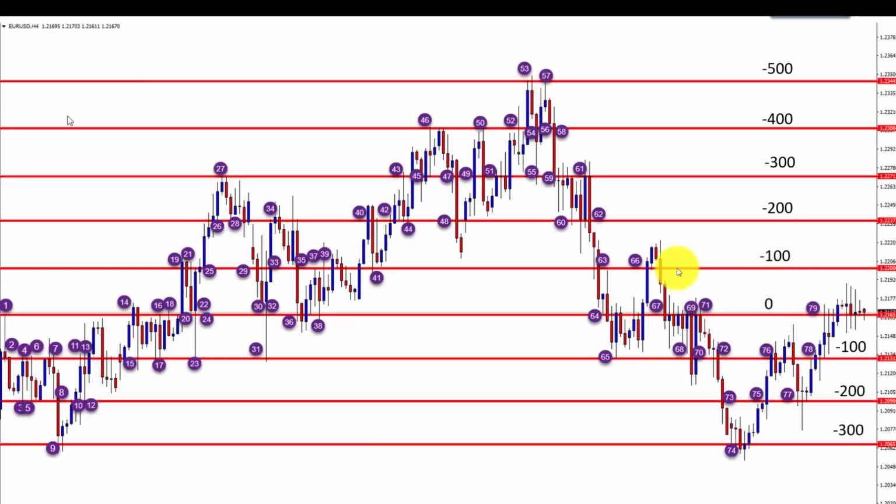There will, however, be at this level a buy that hasn't been cashed in, and there a buy, and there a buy, and there and a buy, and there. And then there would be sells below the 0, a sell there, and a sell there. And the values of the losses would be minus 100, because that's how many pips it is away from the 0, minus 200, because that's how many pips, and so on and so on. And the same thing down here, that's minus 100, minus 200, and minus 300.